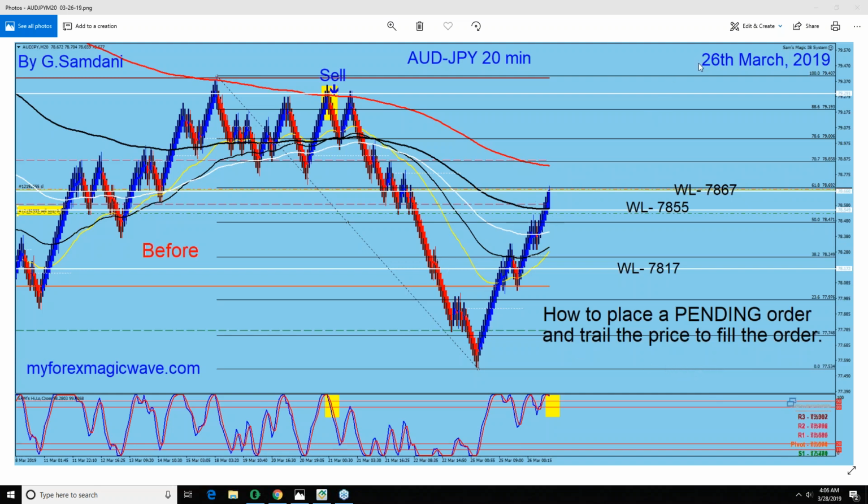I made it on the 26th that it is going up, and then my pending order was here: sell stop, pending short, not the current short, not the active trade, but pending. If the price comes down and drops, it will hit my pending sell order and activate my order, right?